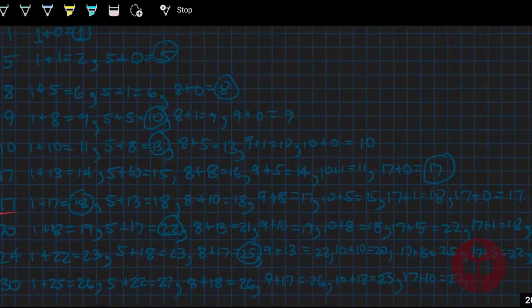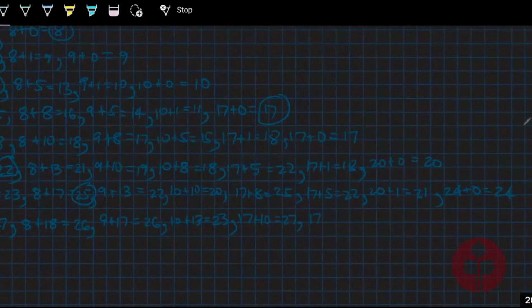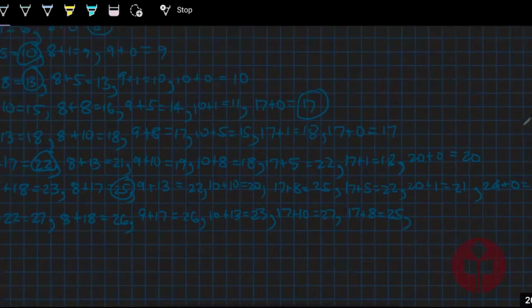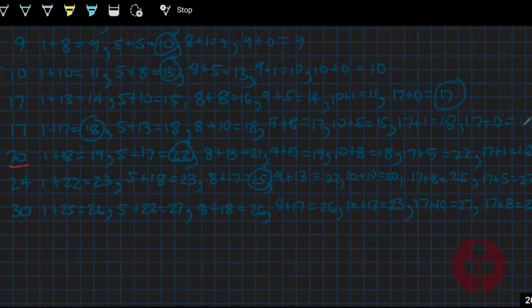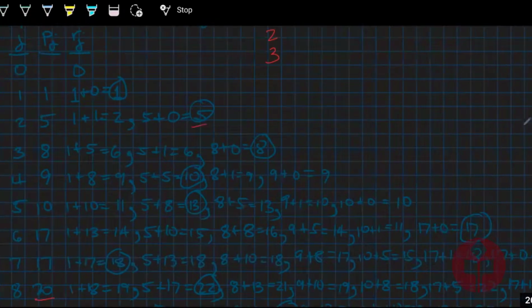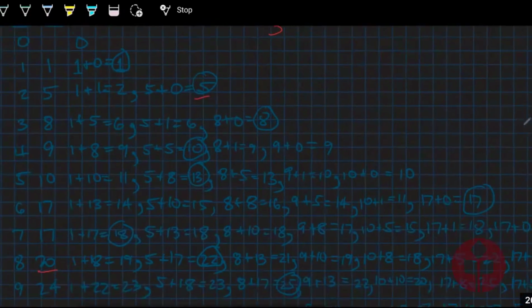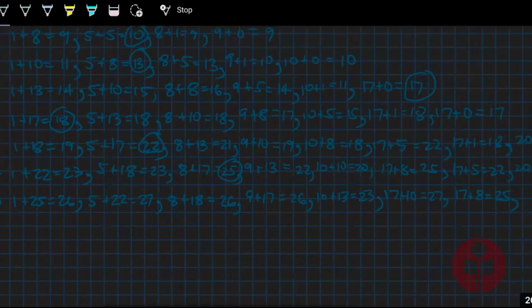And 1, 2, 3, 4, 5, 6, 7 added to the 8. So 17 plus 8 is 25. Next, eighth calculation is 20 and the 5. So we're adding those two. So we have 20 plus 5.